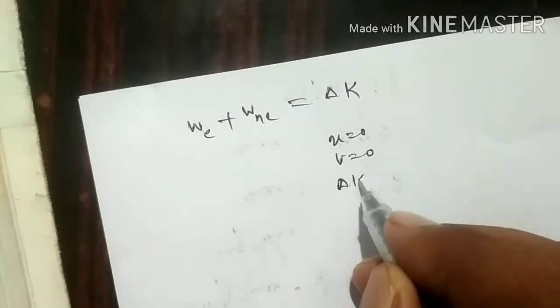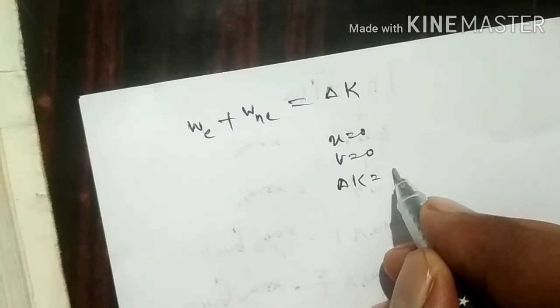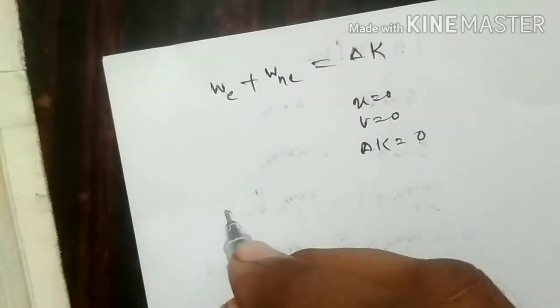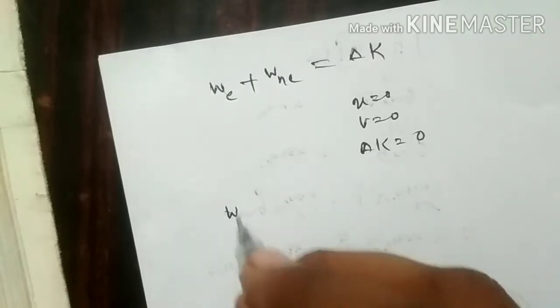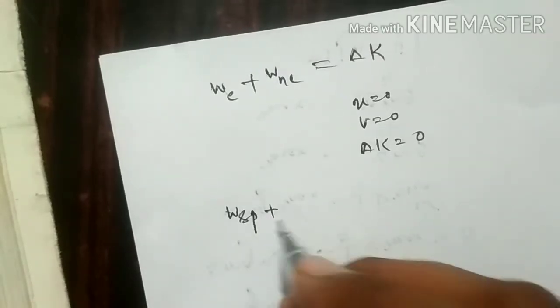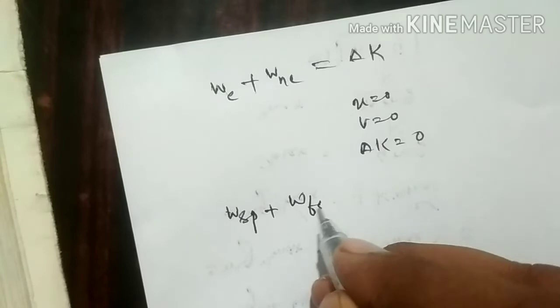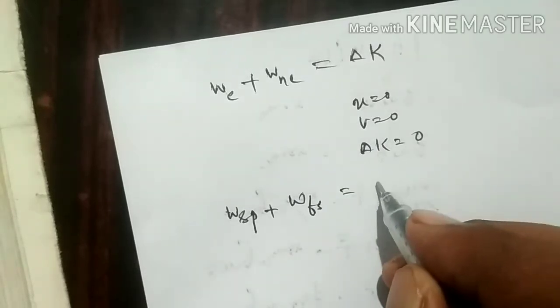So the change in kinetic energy delta K is 0. So work done by the spring force plus work done by the frictional force is equal to 0.